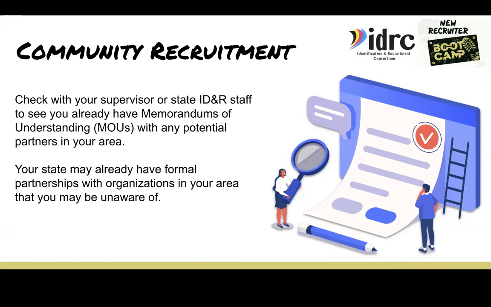Maybe they've already got an MOU, which is kind of like a formal letter saying that we are going to share information and partner together. So there might already be MOUs out there about organizations in your area that you didn't know about. And so try to find those out so that you can know exactly who has worked with the program before. If there's an MOU, they're going to know what the migrant education program is. And so that's already a door that is open for you to go in and continue and build up the partnership.